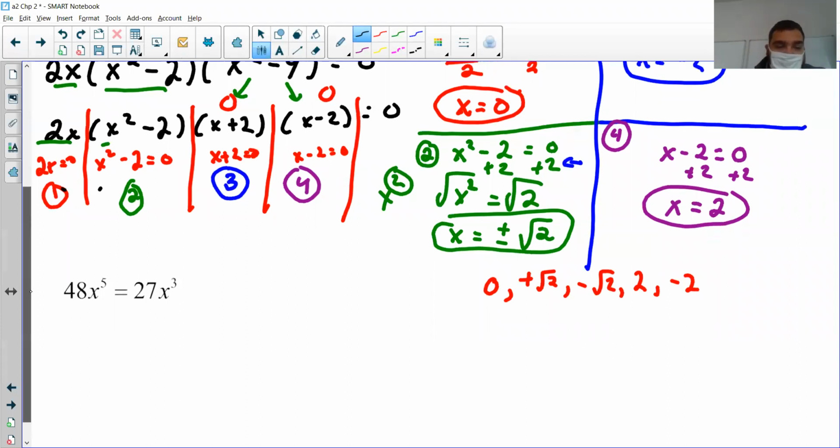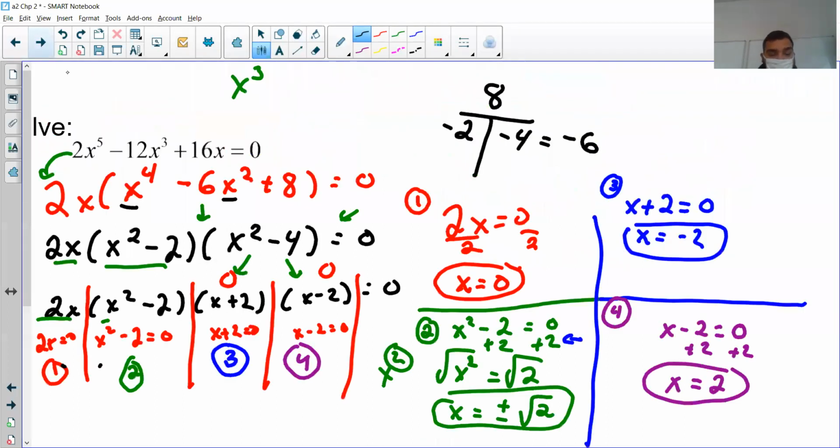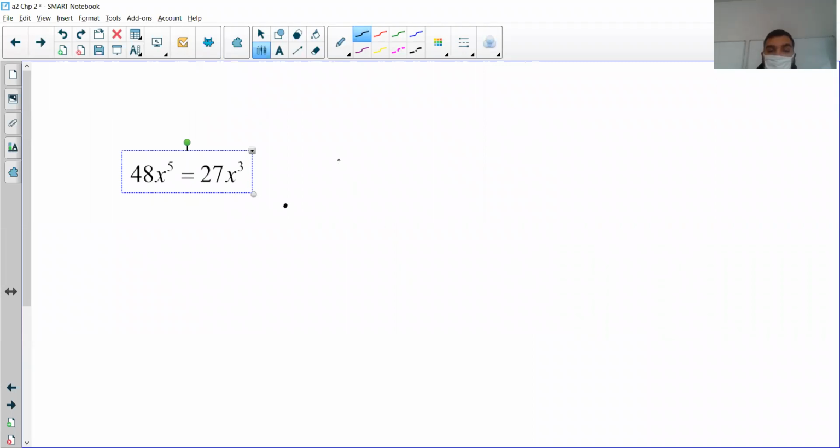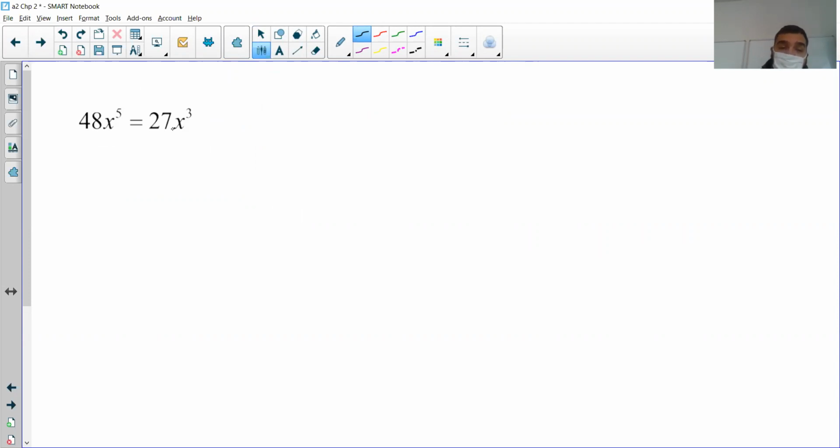But let's go to this problem. Finally, we're ready to do the second problem: 48x to the 5th equals 27x to the 3rd. I'm putting this on a new page just so I have space. Before I do anything, I need it to be equal to 0. So how can I move this over here?